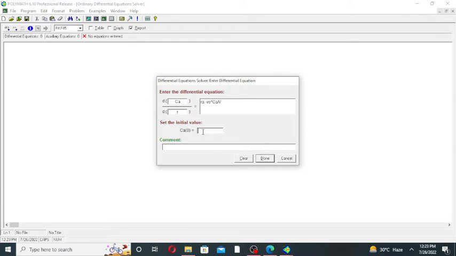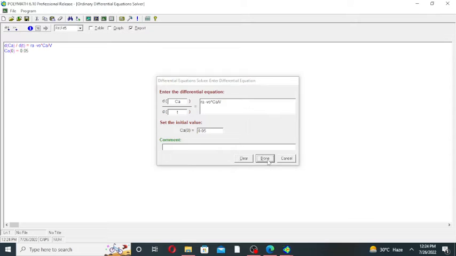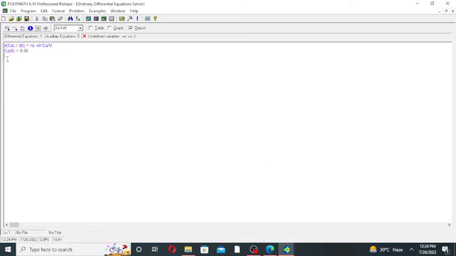This is the initial value: the initial value of component A present in the reactor was 0.05 mole per dm cube. You can write comments, but I am leaving it. Click on done.